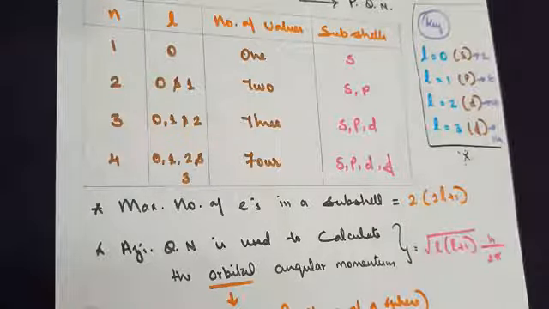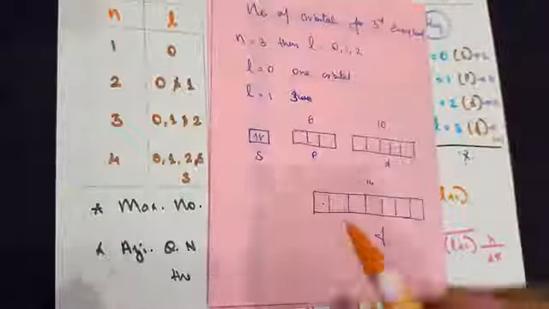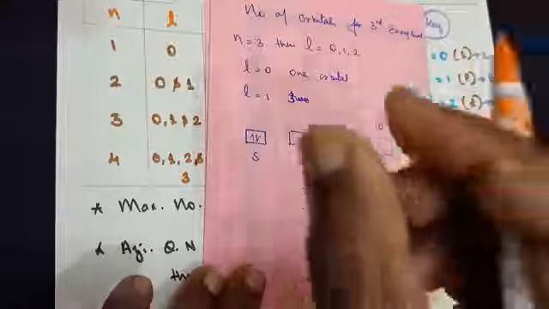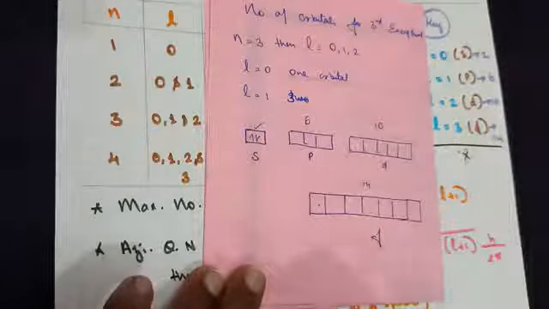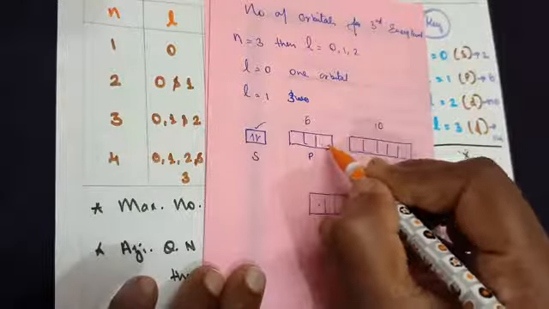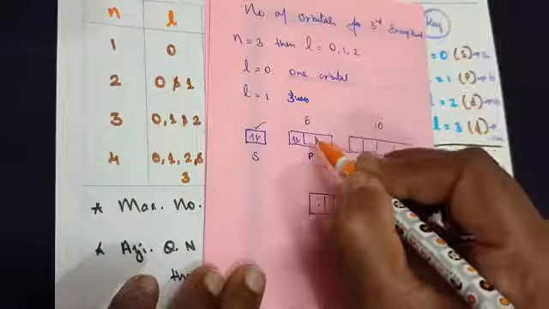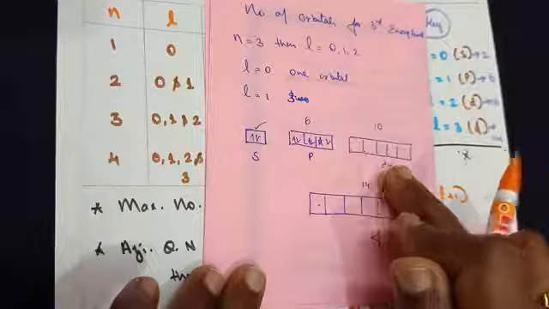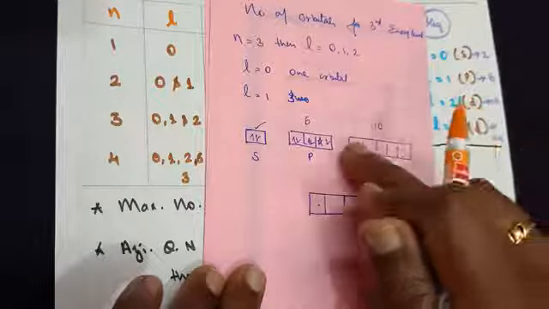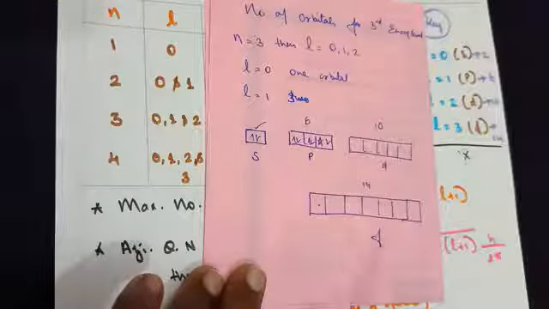Based on this only I gave you the clue. For s orbital, each box can have a maximum of 2 electrons. So if each box has 2, for p you already have 3 boxes, so together you can have 6 electrons. In case of d, 5 boxes are there, each box 2 electrons, 5 2s are 10.